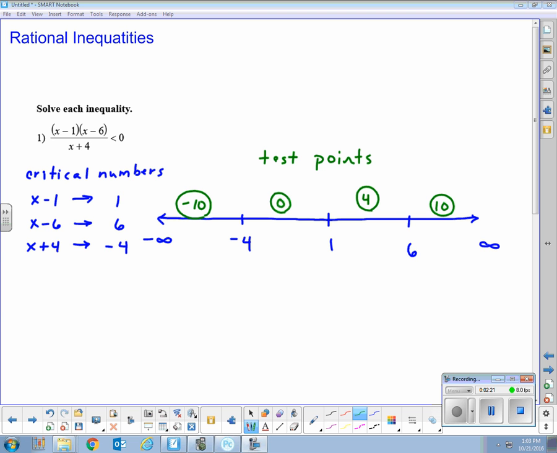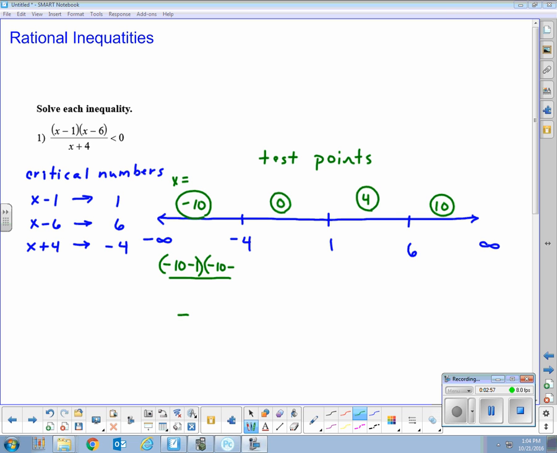When using test points, every number inside that interval behaves the same way. So if negative 10 makes this fraction less than 0, then that interval will be a solution. So I'm just going to plug it in. I don't care what the number is. I just care if the number is positive or negative. So when you replace x equals negative 10 into the factored form, negative 10 minus 1 is negative.